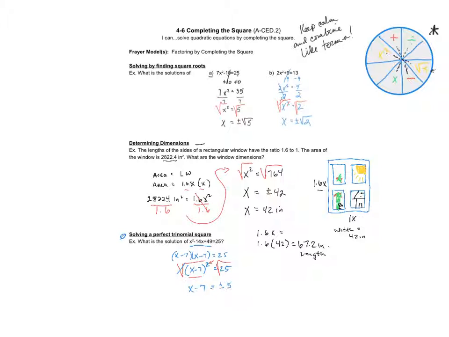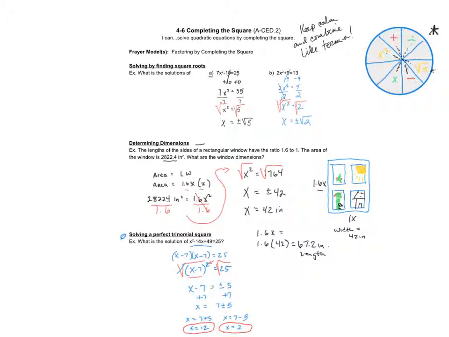And if I combine like terms now, move my 7 over to both sides, I know that x is going to be equal to 7 plus or minus 5, which is x is equal to 7 plus 5, and x is equal to 7 minus 5, or x is equal to 12 and 2.